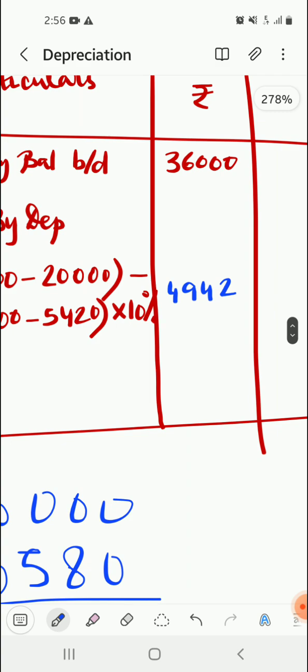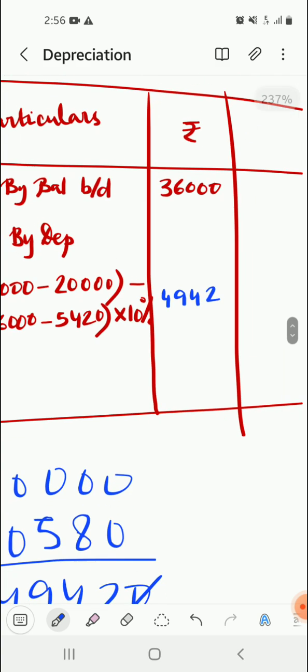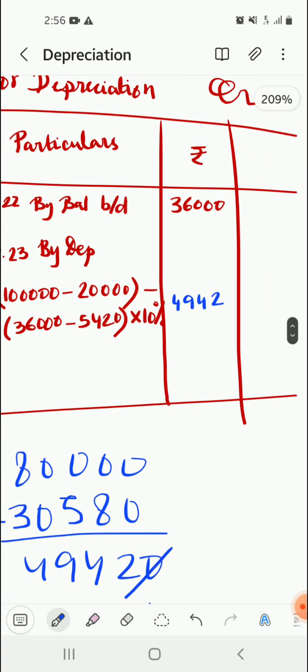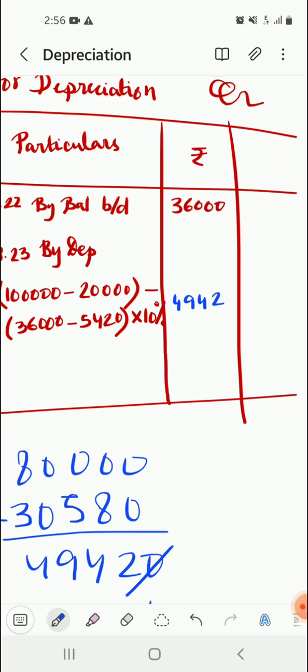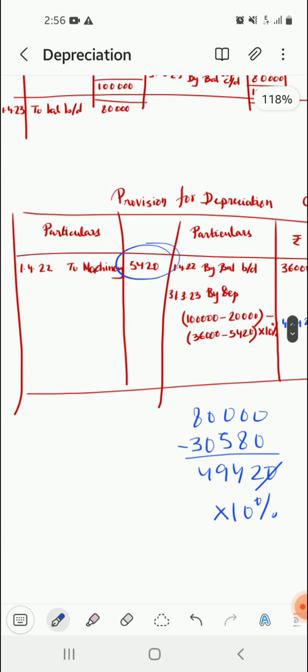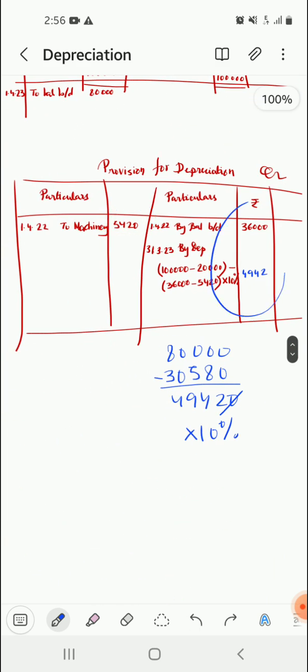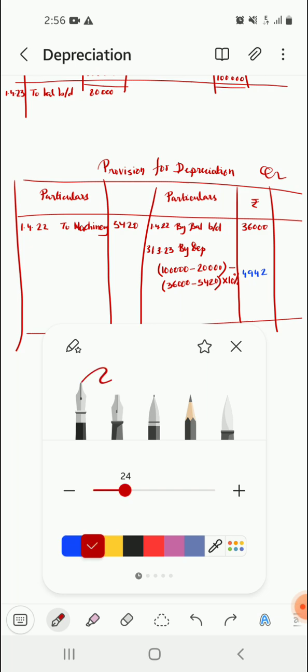Now we are going to simply add both the sides, and we are going to find the balancing figure. Here we have got only 5420, and here we have got a bigger figure. So add these two.